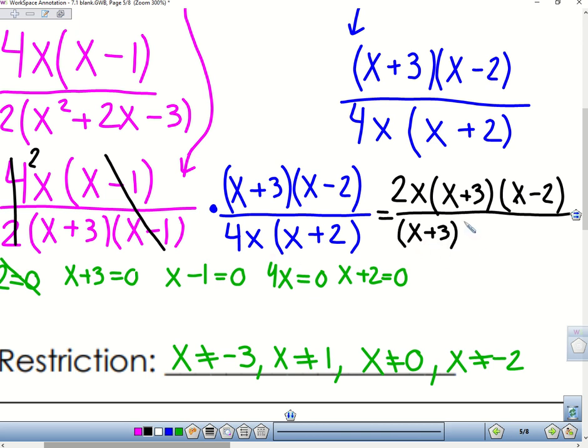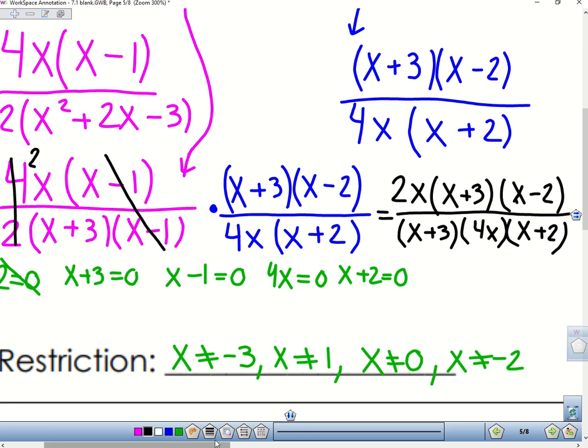And then all I have over here is the 4x times x plus 2. So you just basically write everything that's left on one big fraction. You guys see it? Okay.